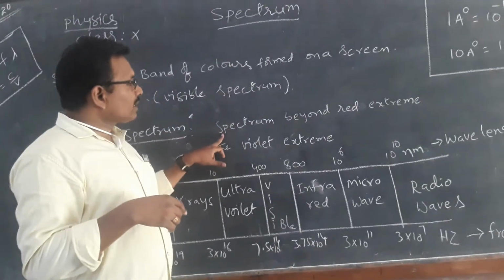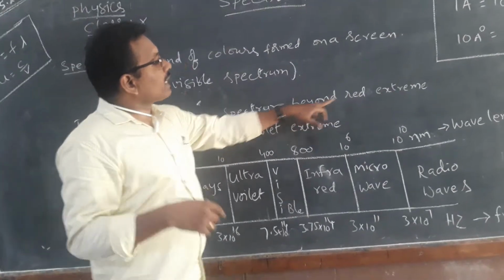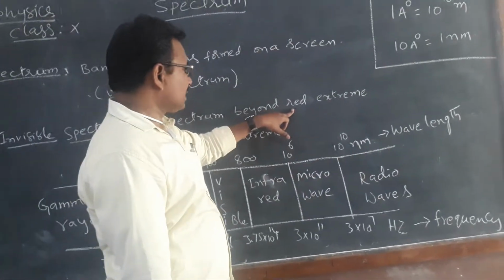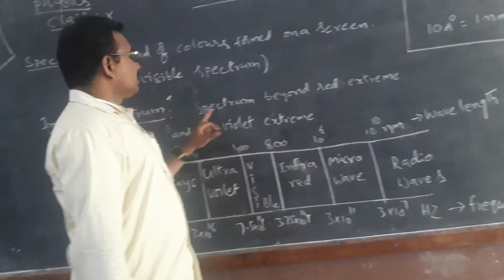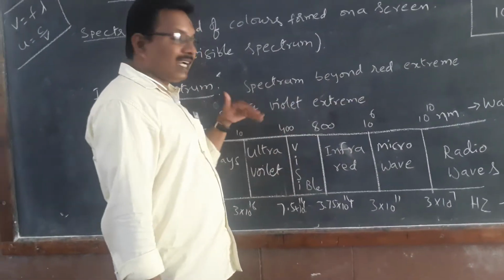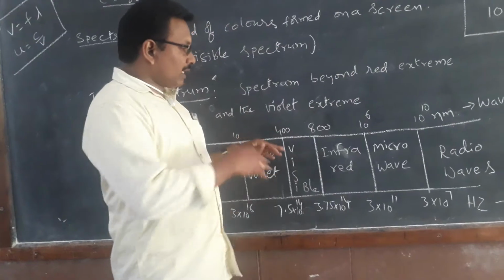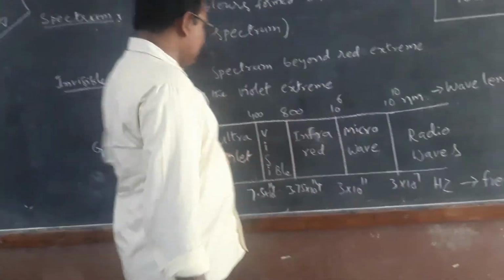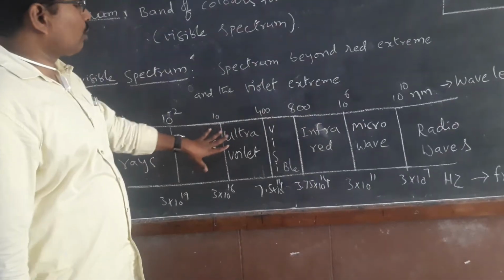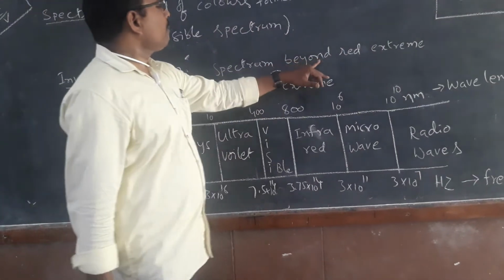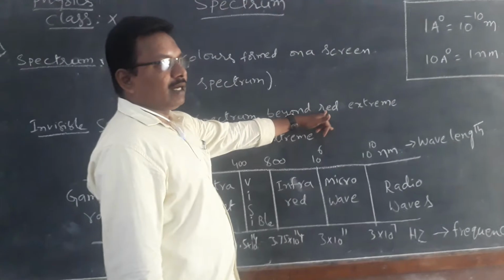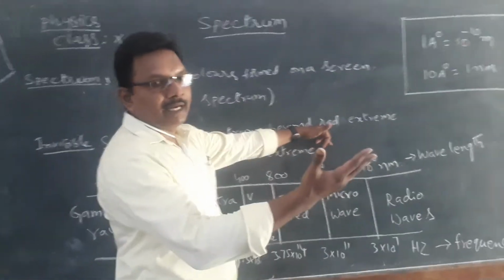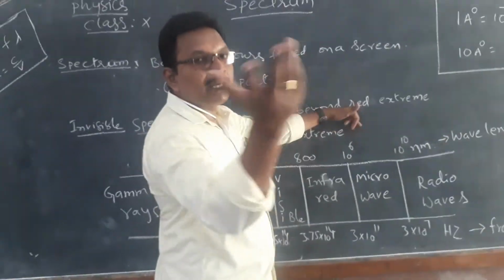See, look here, the spectrum beyond red color, the red end. This is one kind of spectrum that we cannot see. After the red end, what is the spectrum? We cannot see that.